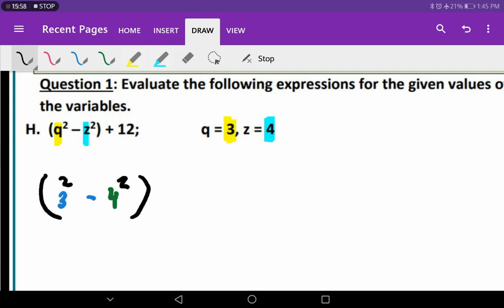And this is the parentheses. We continue. Plus 12. Now, from this, I get 9. And from this, I get 16. Okay, 9, it is for me.